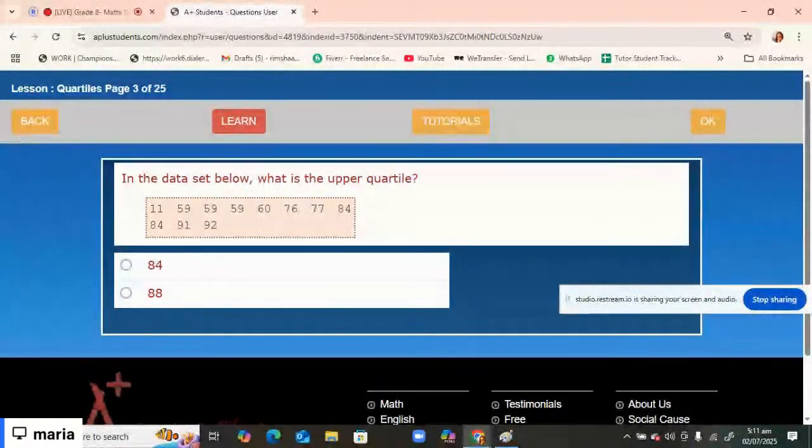Data is given. We are going to find the upper quartile. Okay, let's do it.